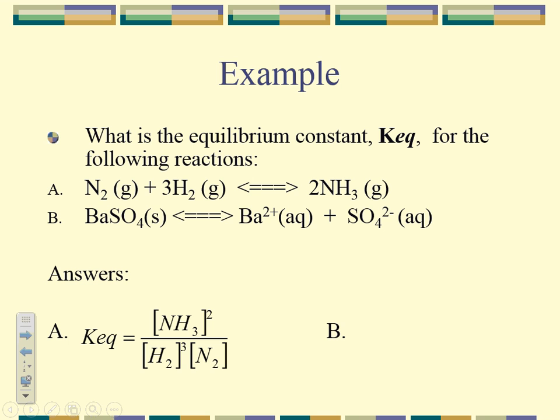For the second equation, pay close attention. It is just the concentration of barium times the concentration of sulfate. Barium sulfate is not included in the denominator because it is a solid. That does not mean that the denominator becomes a 0. It's just not included, so it's not going to impact how the equilibrium expression is written.